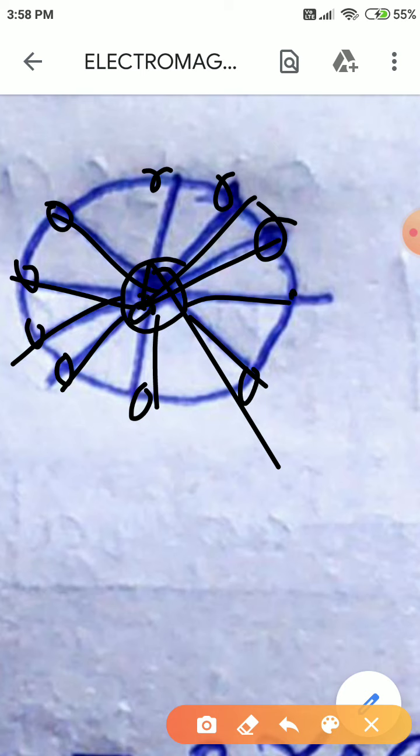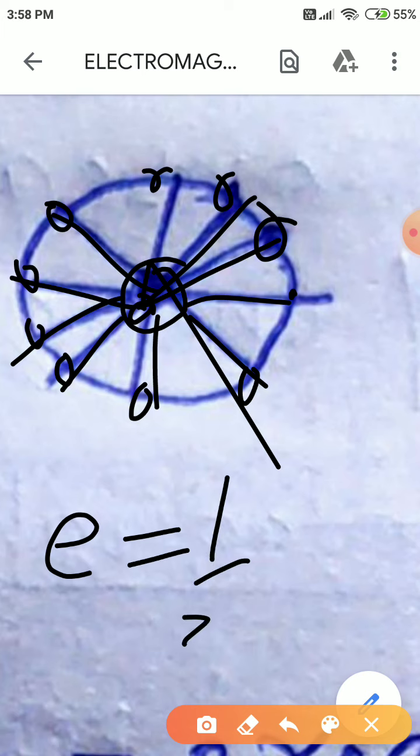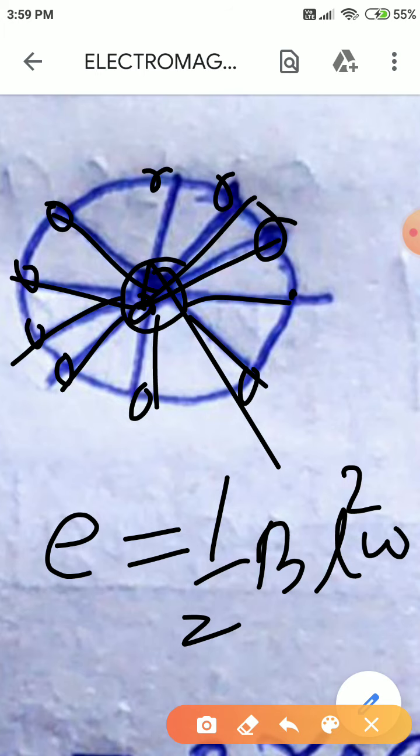So all the EMFs induced across each spoke are in parallel. So the number of spokes will be immaterial. It is not going to affect the value of EMF between the axle and the ring, and it will remain what we have discussed, half B L square omega, the value which we have calculated just now.